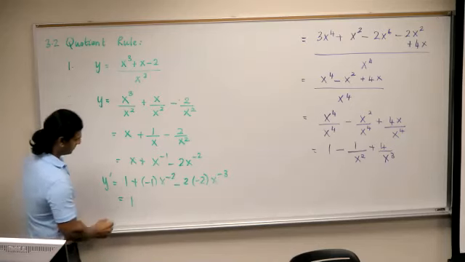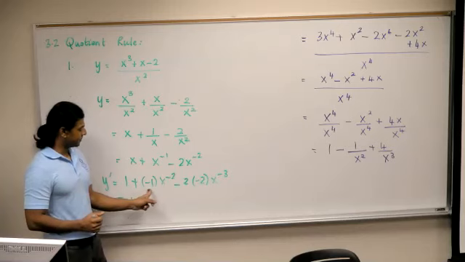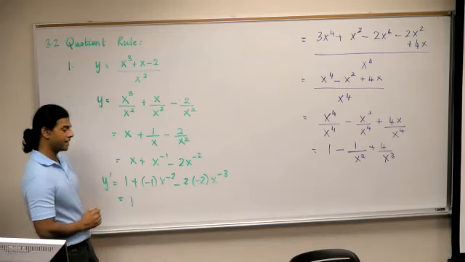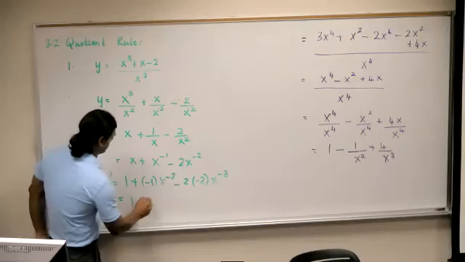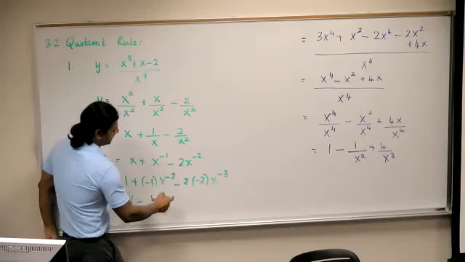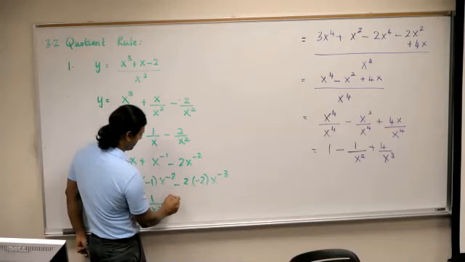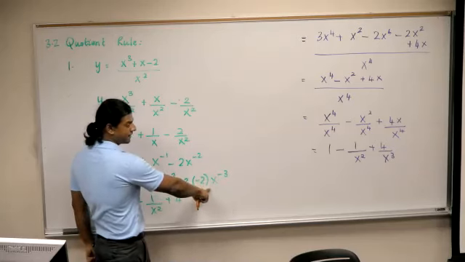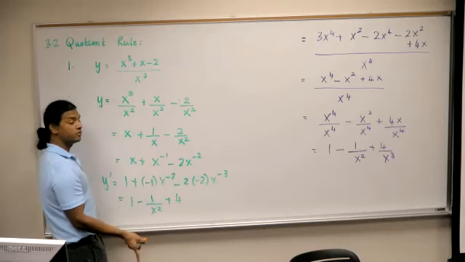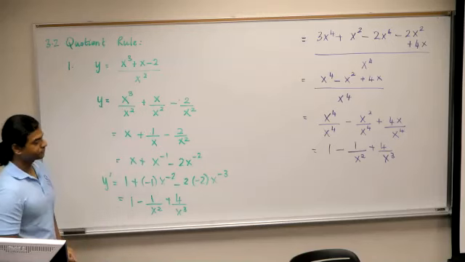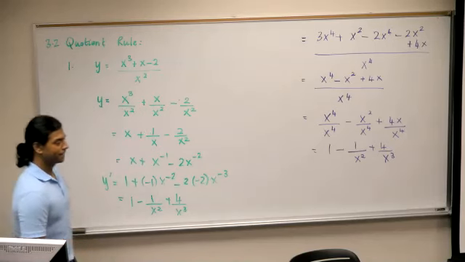That got me stuck. So -1, when that moves from the numerator to the denominator, it becomes -1 over x squared. -2 times -2 is +4. x raised to -3, when it goes from the numerator to the denominator, x cubed. Does that match up with the quotient rule answer?